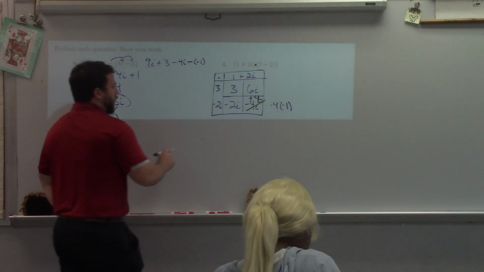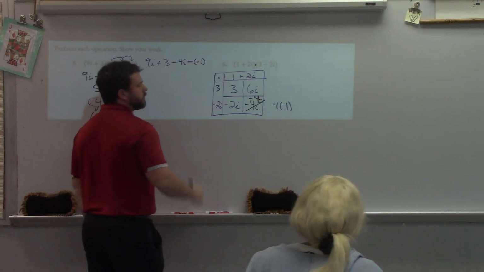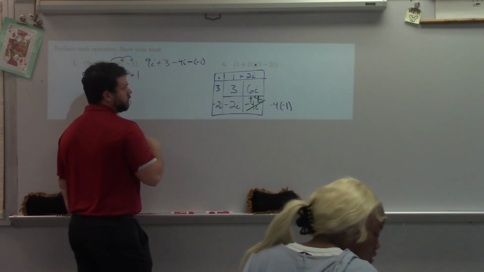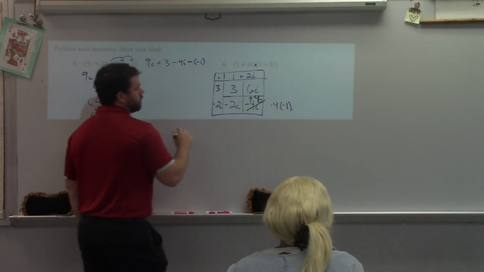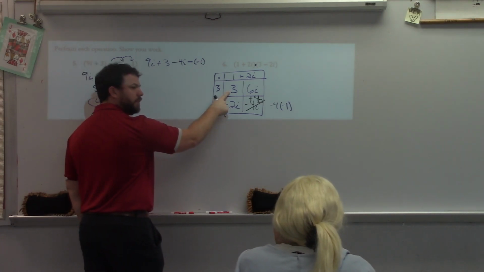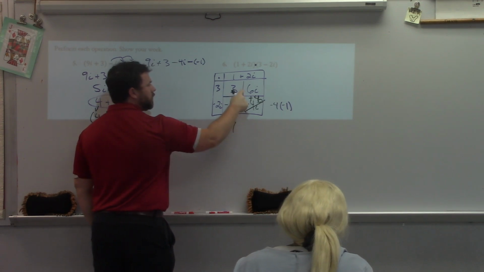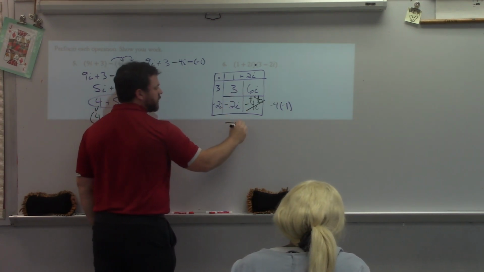Alright, so what's going to be my final answer for what 1 plus 2i times 3 minus 2i is? 3. Are there any like terms for that 3? 3 and 4. What's 3 plus 4? 7. 6i minus 2i is?